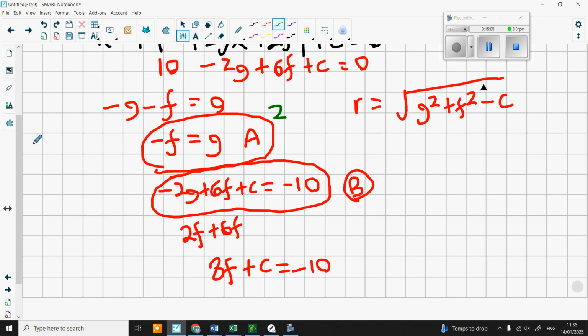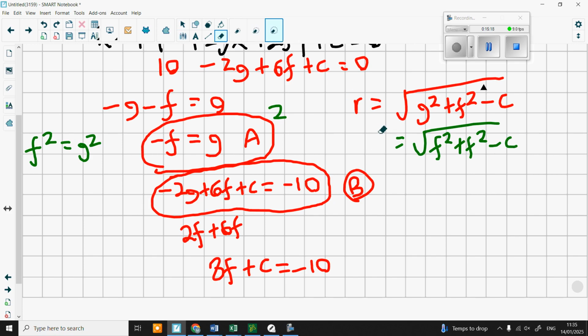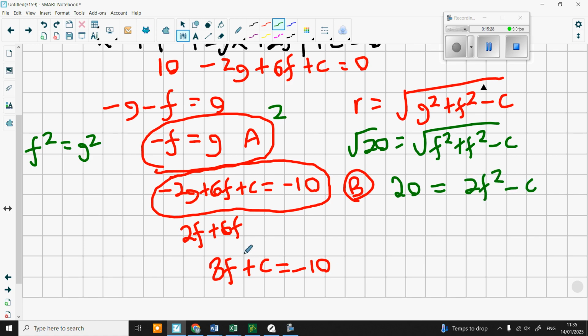What happens if I square both sides of equation A? So, r squared equals f squared plus f squared take away c. And what is r? 20. Square both sides. Minus c.